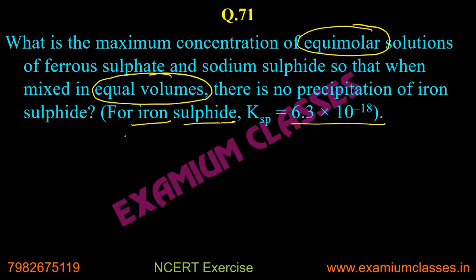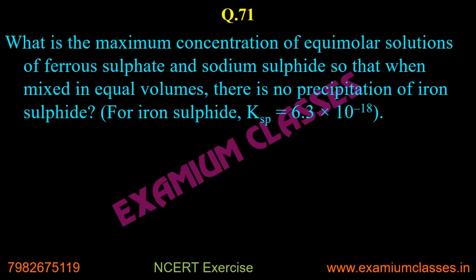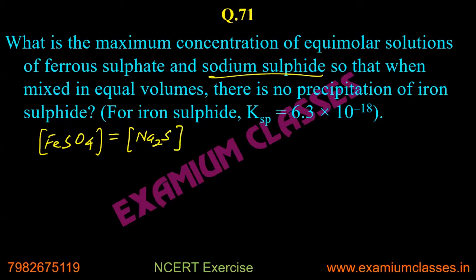Okay. So ferrous sulfate. Now what is given? Ferrous sulfate is FeSO4. Equimolar means the concentration of this one is equal to the concentration of the other one, sodium sulfide, which is Na2S. These two concentrations are equal.